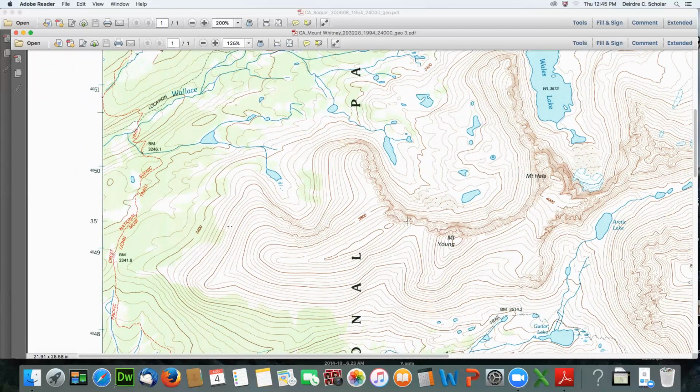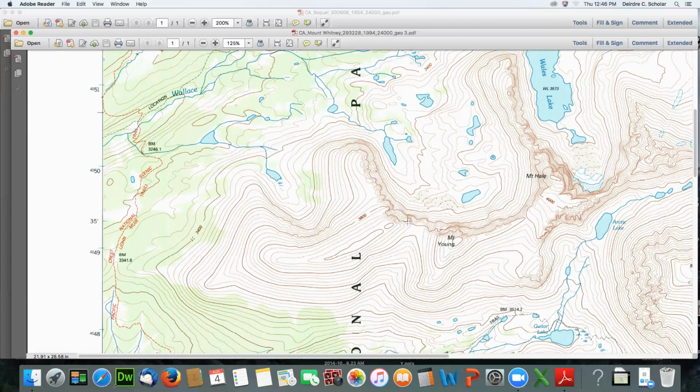And then I see other dark index contour lines that maybe aren't marked with a value. But then I see one up here that has a value of 3,800. So I've gone from 3,400, and I have 1, 2, 3, and then the fourth one is 3,800. So the map maker is always going to use nice, even increments. So I'm going to guess 100 meters as the index contour interval here.